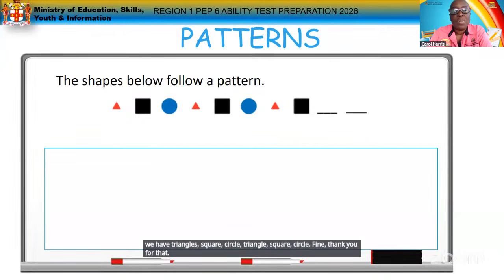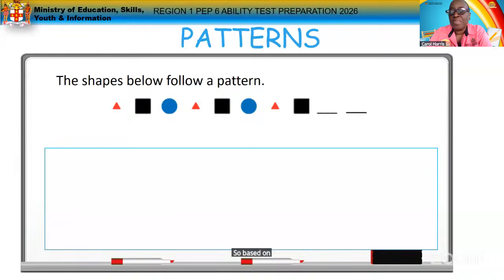So based on this pattern, what would be the next 2 terms in this pattern?